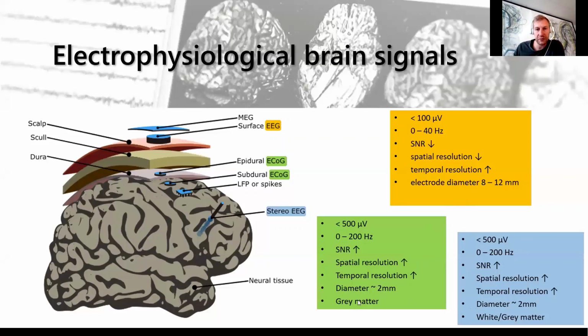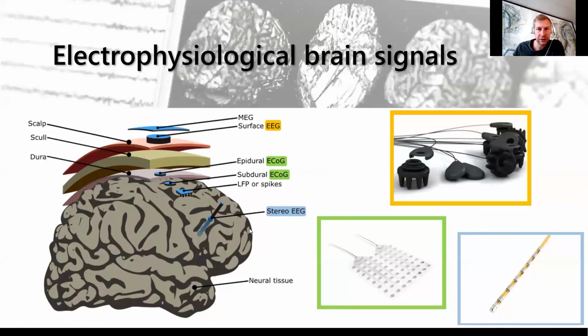The main difference is that with electrocorticography, we are just in direct contact with the cortex, the gray matter, and with sEEG leads, we usually have white and gray matter contacts mixed. So these are examples. Here we have hybrid electrodes that can be used with gel or dry.